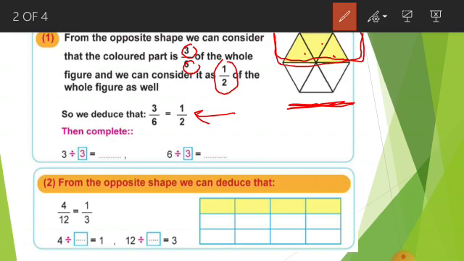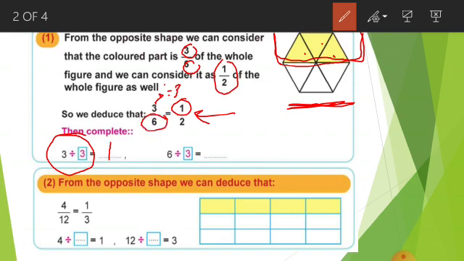By using the division operation. So when we simplify any fraction, I will use the division operation. 3 divided by what equals 1? 3 divided by 3 equals 1. Whatever I do to the top, I have got to do to the bottom.